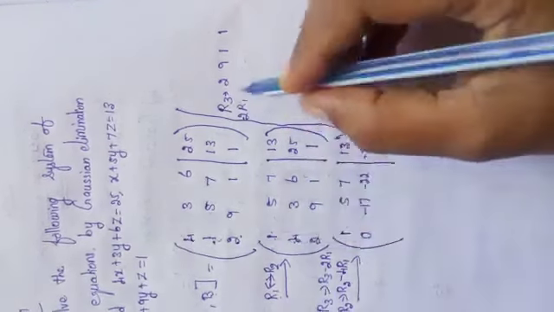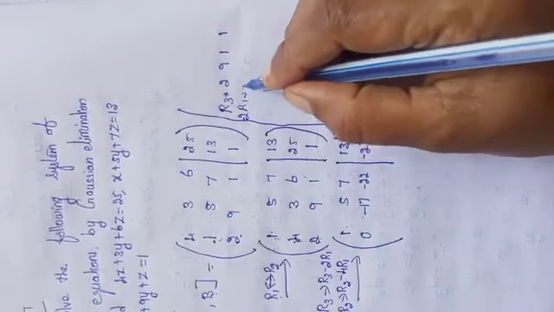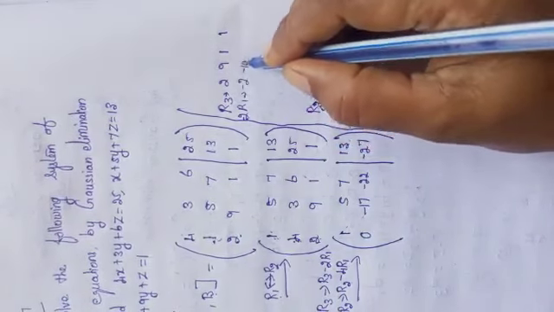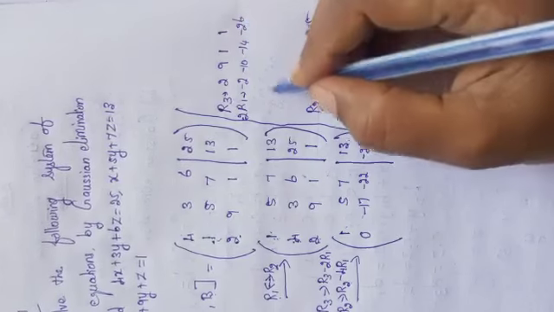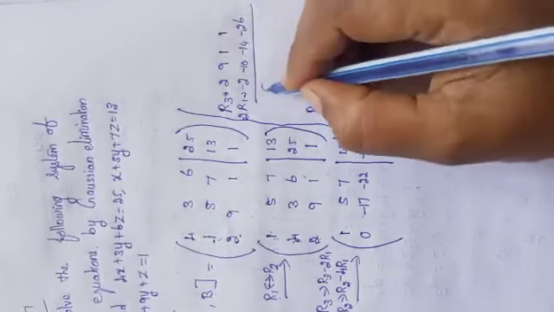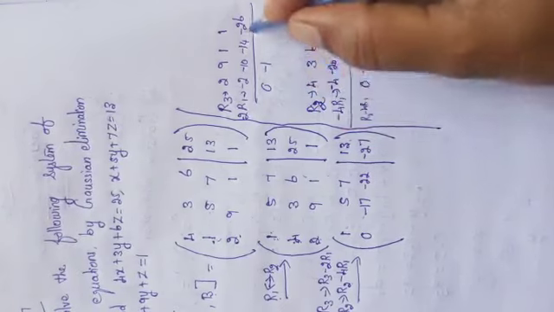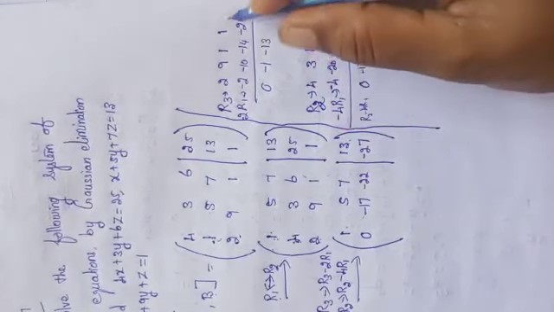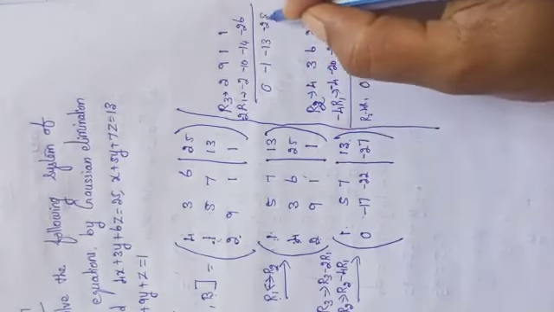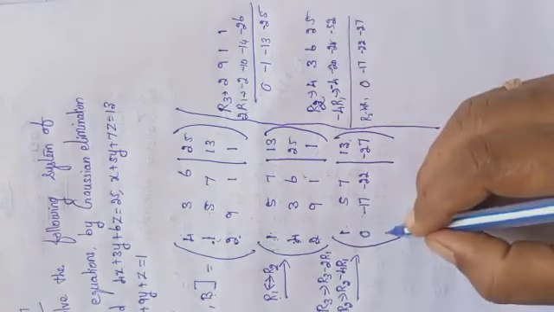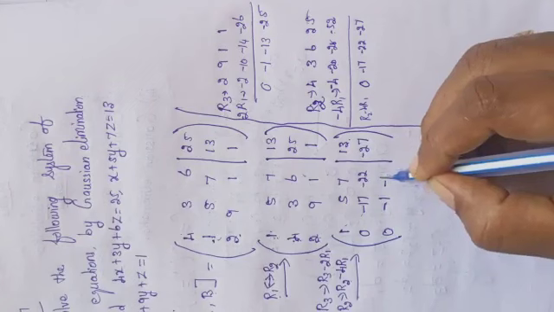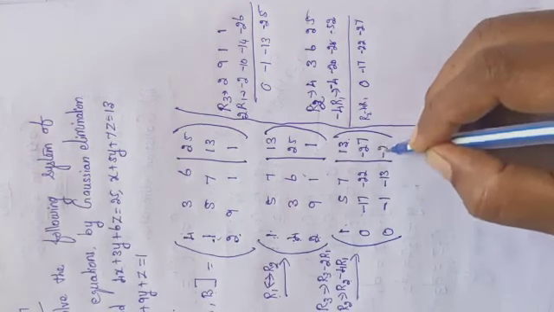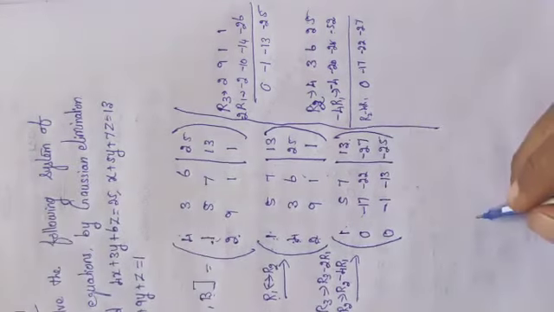Multiply by minus 2, we may get minus 2, minus 10, minus 14, minus 26. Now add both values. 0, minus 1, minus 13, minus 25. Now directly you can write the value 0, minus 1, minus 13, minus 25. Is that clear?